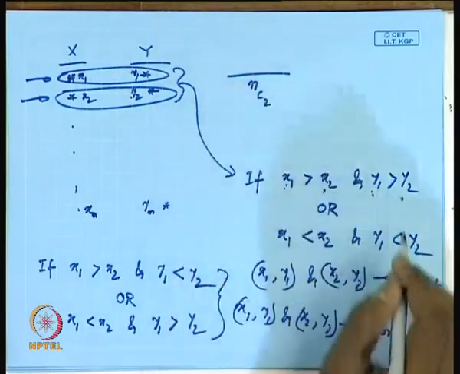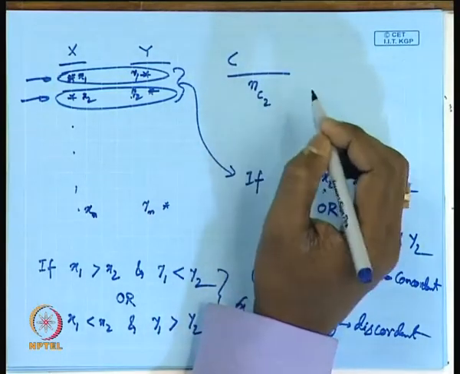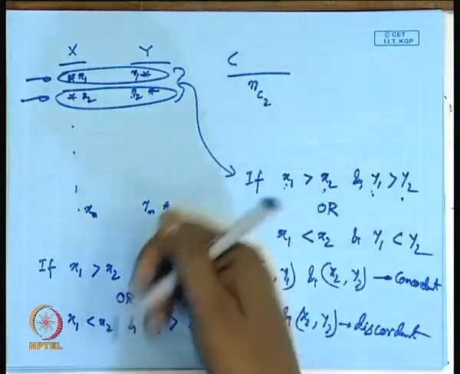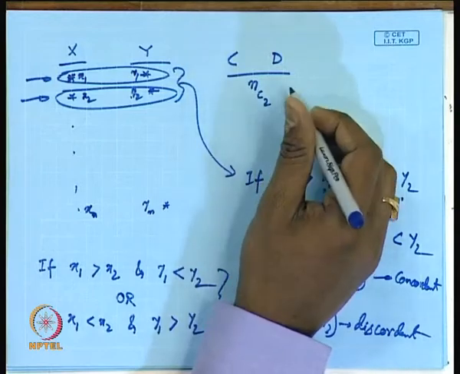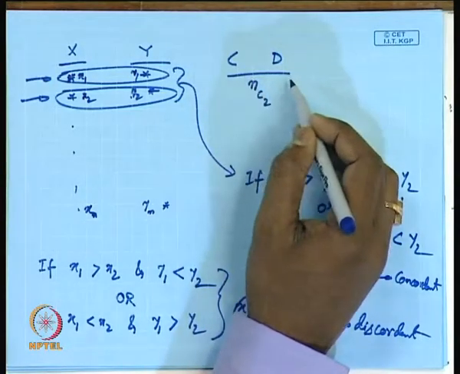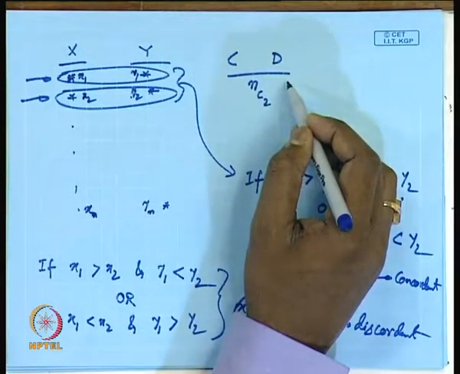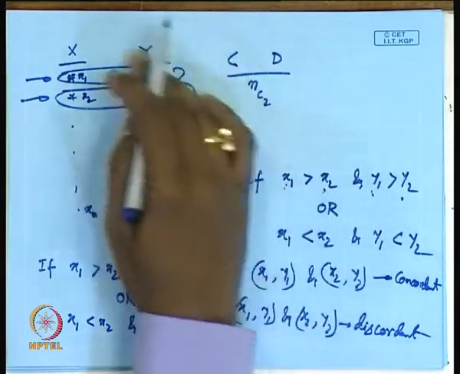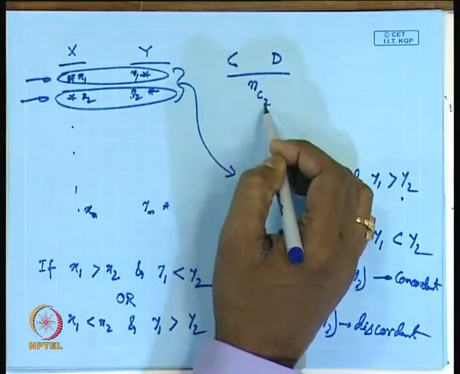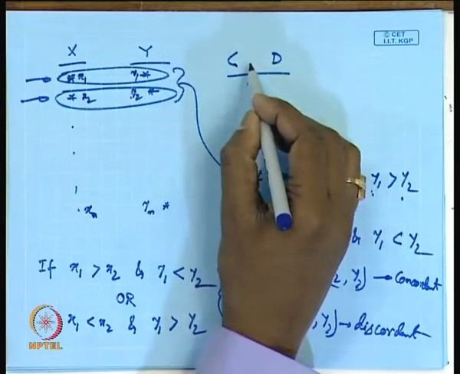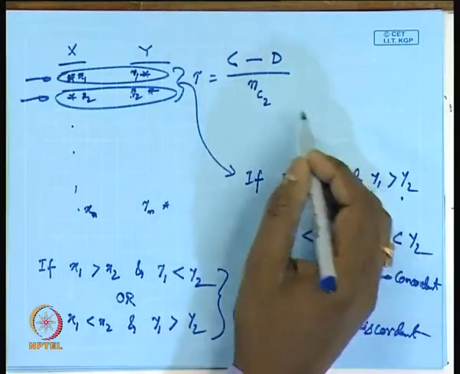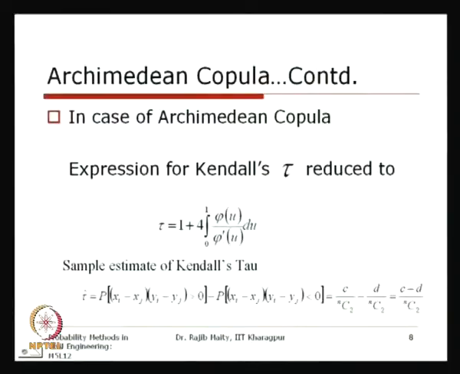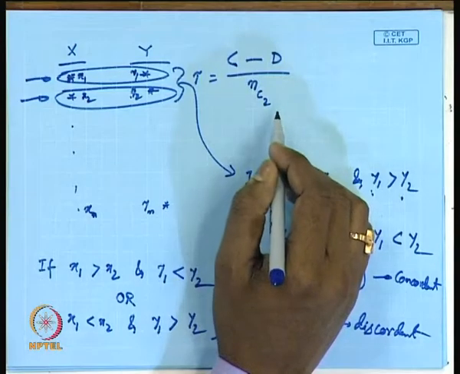Suppose the total number of concordant pairs is C and the total number of discordant pairs is D. The probability of a concordant pair from this sample is C by NC2 and the probability of a discordant pair is D by NC2. If we get this, it gives the estimate for Kendall's tau from this sample.